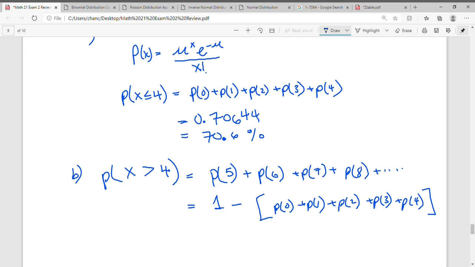But I know the total from P of 0 to the end has to be equal to 1, or 100%. So instead I could subtract from 1 what I don't want. Anything below P of 5 subtracted from 1 is going to give me what I do want: P of 5, plus P of 6, plus P of 7, plus P of 8.